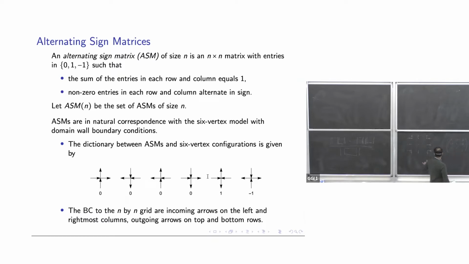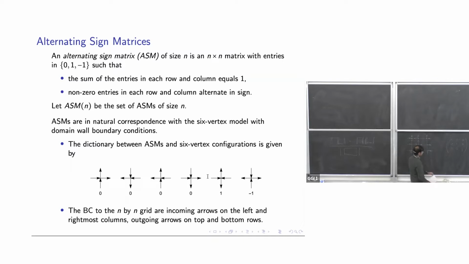So you know that you've got these boundary vertices, these are given. And then you just fill in where the ones are. So let me draw like this. I've got incoming here and outgoing there. I've got a 1 at this point here, which corresponds to that one there. So I know what this one looks like.